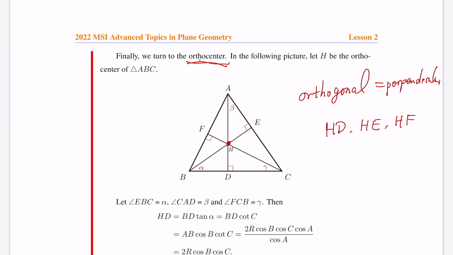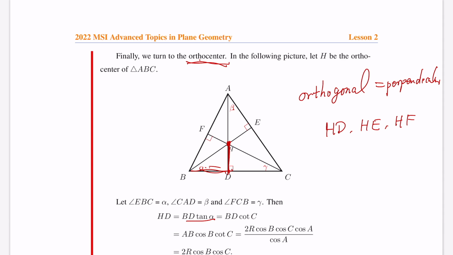Okay, so let's work on this picture. Assume that angle EBC is equal to alpha and angle CAD is equal to beta. And we will see that HD would be BD times tangent alpha from the picture. Tangent alpha is HD over BD, multiplied by BD, you get HD.